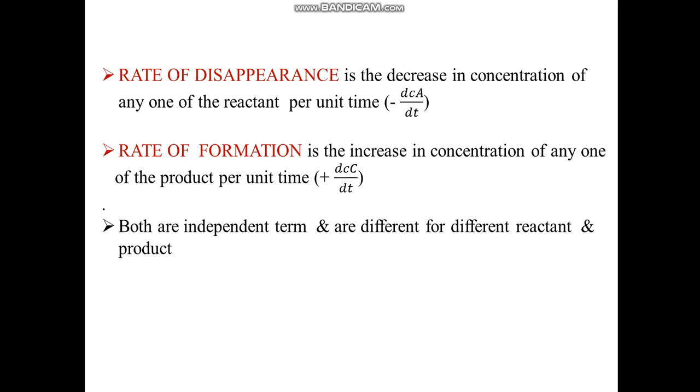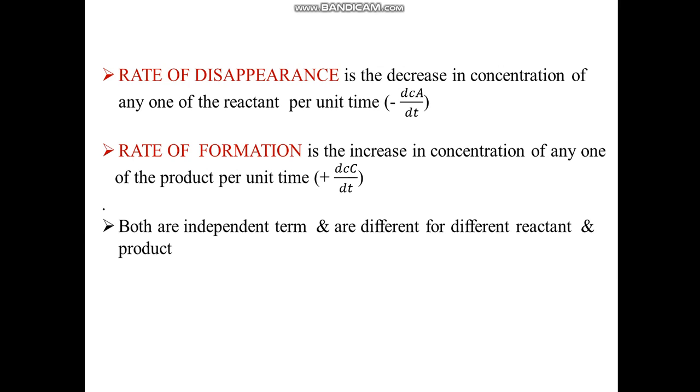On the other hand, the rate of formation is the increase in the concentration of any one of the products per unit time, represented as plus dCc by dt. So we have to use the minus sign for disappearance and the plus sign for appearance or formation.